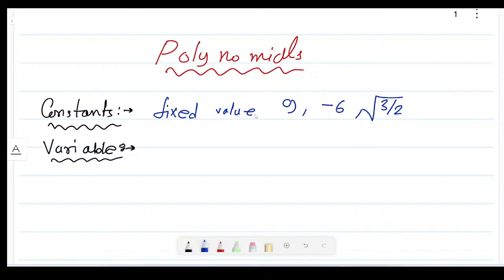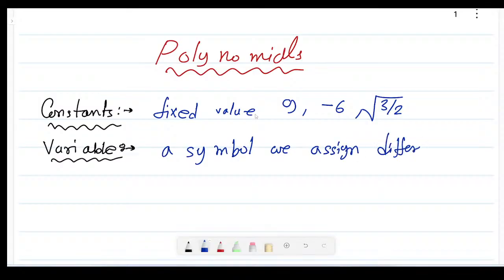A variable means a symbol by which we assign some different numerical values.